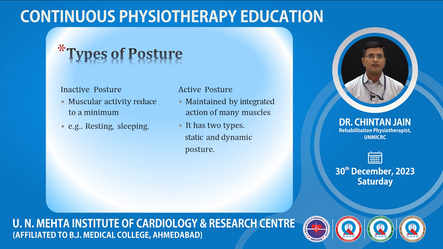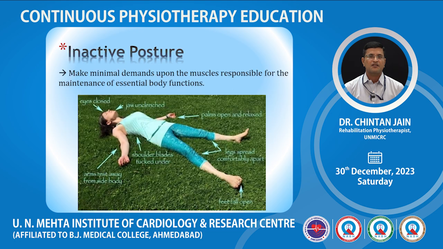First, inactive posture: muscular activity is reduced to a minimum, for example resting and sleeping. Then active posture is maintained by integrated action of many muscles. It has two types, one static and another dynamic posture. This image shows the inactive posture.